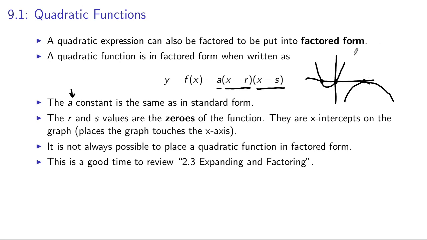And we also have a case where the function may have no zeros, no places where it touches the x-axis. If there are no zeros, then it is not possible to place the quadratic function in factored form. So it's not always possible to put a quadratic expression into factored form. We're not going to spend time in the videos reviewing factoring, but if you need review, go back and review the videos on Chapter 2, Section 3, Expanding and Factoring.